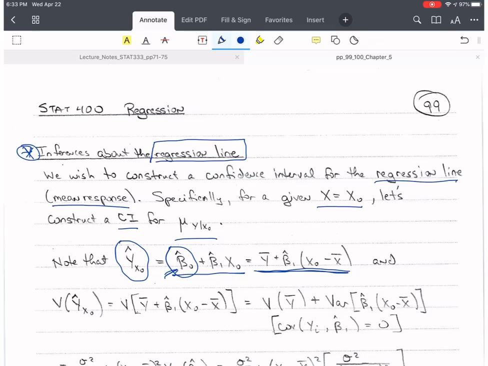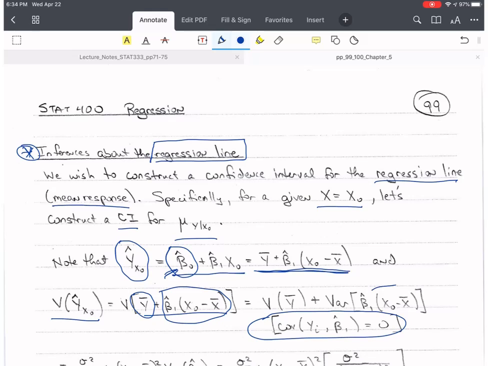So we want to take the variance of this, because we need the standard error of the estimate in order to construct a confidence interval. So we take the variance of this last equation that we had, and because our covariance between yi and beta 1 hat is 0, we just end up with the variance of these two quantities.